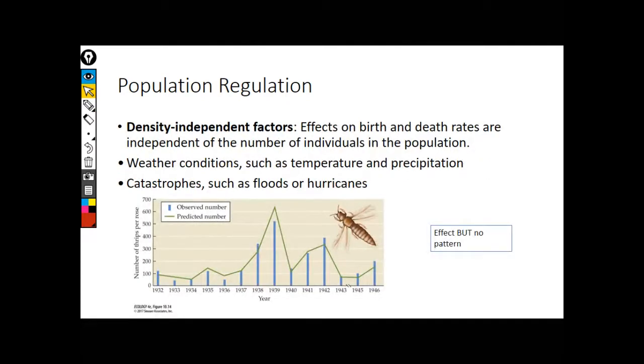So let's talk about the first one, density independent. Things that don't matter how many people are in a room. These tend to be abiotic factors.